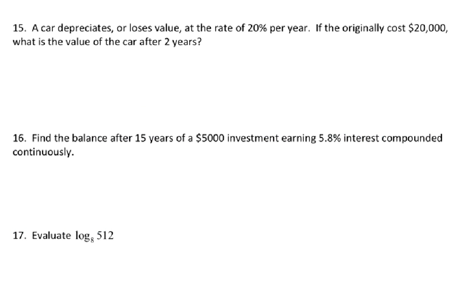Number 15, a car depreciates or loses value at a rate of 20% per year. If the car originally cost $20,000, what is the value of the car after 2 years? We have a formula for depreciation or decreasing value, and that formula is N equals N naught, 1 minus r to the t.